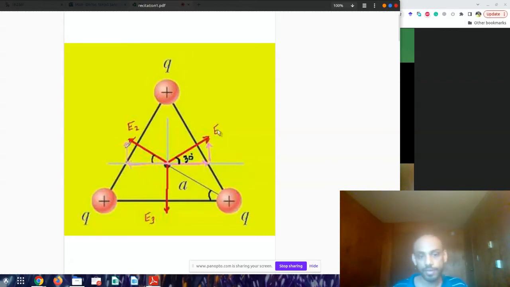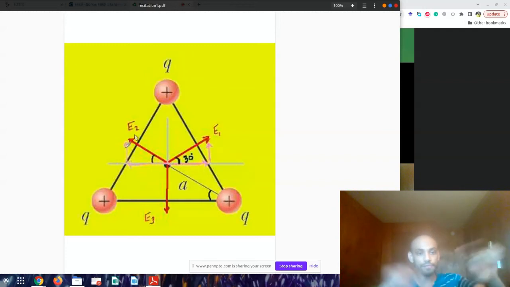It'll have this direction, and the magnitude would be given by the same relation, kq over r squared, since the charge magnitude is the same and the distance, because of the symmetry of the triangle, is the same. So the magnitude of E1 will be the same as the magnitude of E3, but the directions are different. Likewise, you can also get the electric field due to the third charge at the bottom right vertex of the triangle. It'll be pointing in this direction and have the same magnitude.